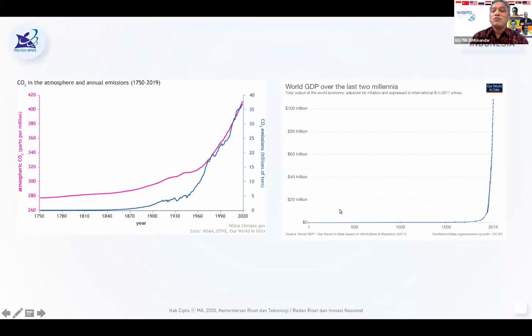If we take, for example, the number of books produced, it will also look like this. So part of the problem of climate change, or global carbon dioxide emission, is related to the industrial activity of humankind throughout history.